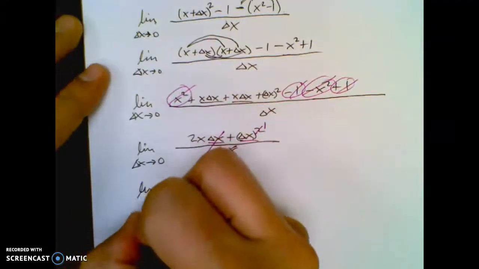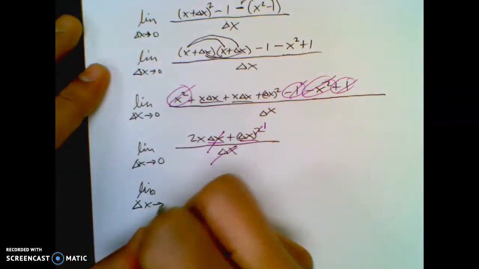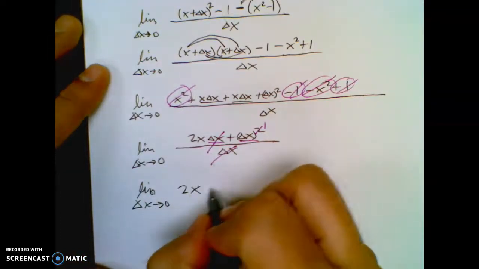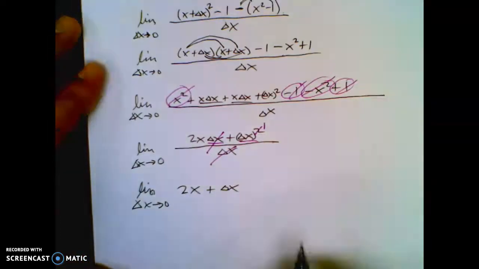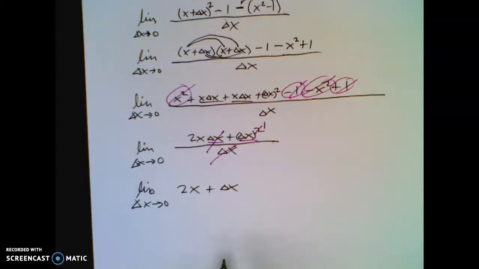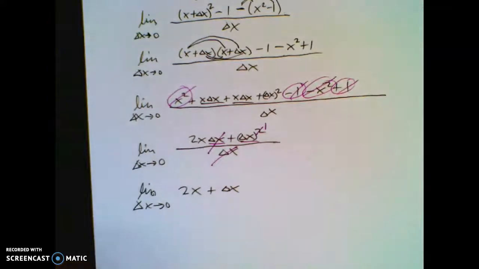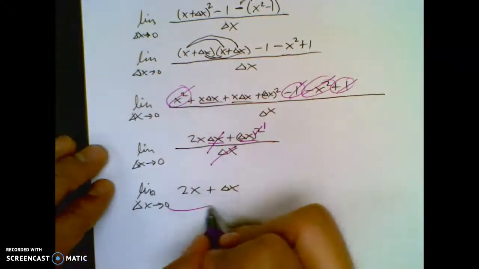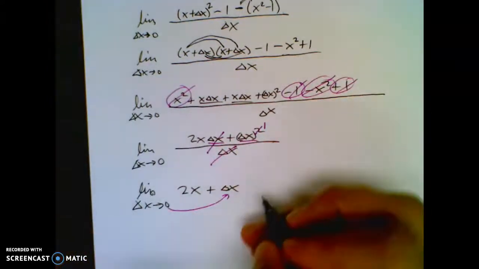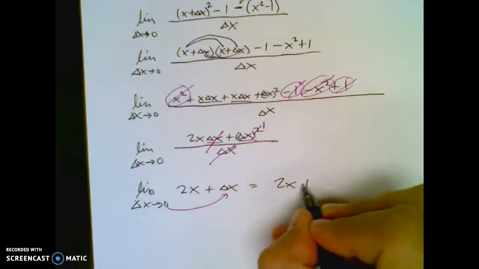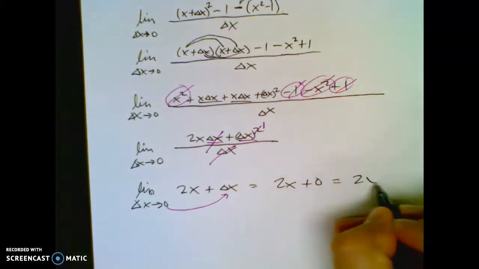And we're finally to the point where I will be able to plug in for delta x. Not x, be careful. Put the 0 in for delta x here. So, boom. This problem becomes 2x plus 0, also known as 2x.